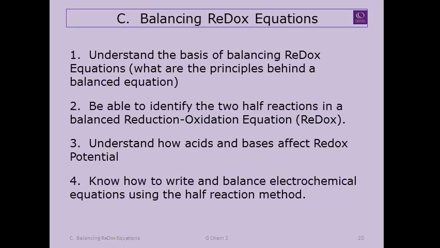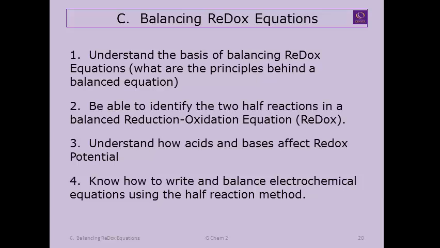So anyway, I hope this has helped you understand how to use this method to balance redox equations. I hope it also helps you understand the difference between these half reactions and balanced redox reactions that we use so extensively in battery work and in redox chemistry, and how that differs slightly from a balanced overall stoichiometric equation like what we've used in General Chemistry 1, which is very useful to do stoichiometry, and also to ensure that you have charge balance in your solutions, probably more realistic to what you would add in a solution.